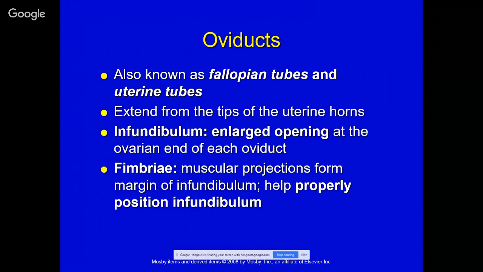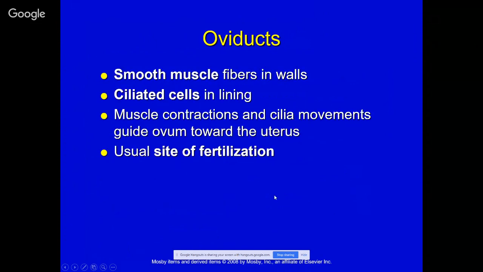They help to properly position that infundibulum. So oviducts have smooth muscle fibers in the walls with ciliated cells in the lining, and there are muscle contractions and cilia movements that guide that ovum toward the uterus. And the oviduct is where fertilization usually occurs.